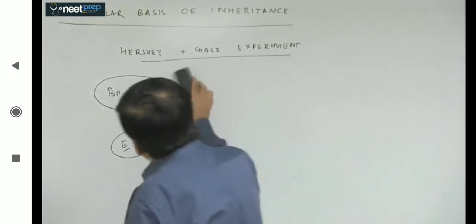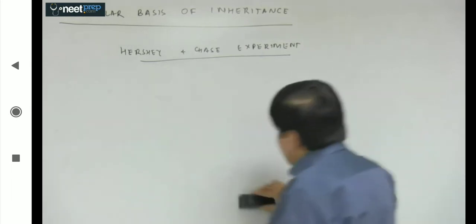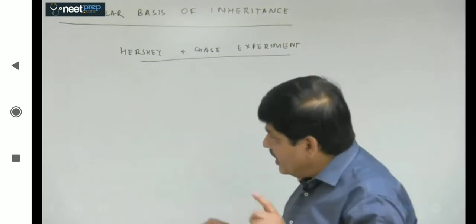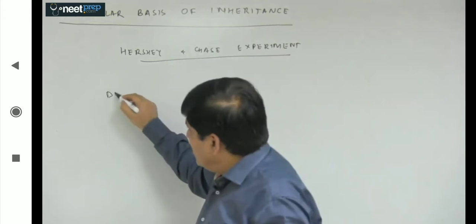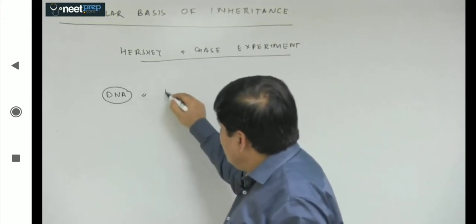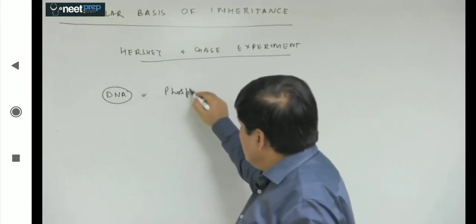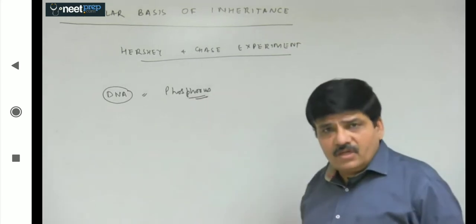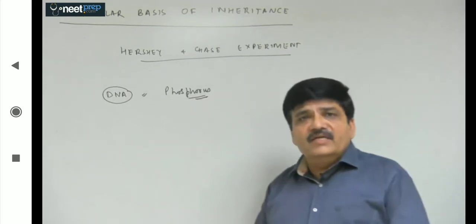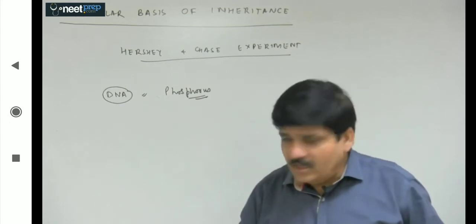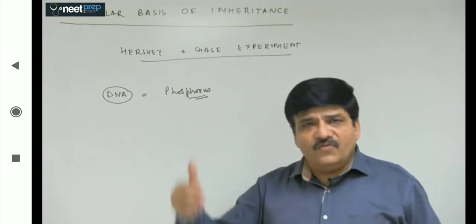Two things were very important in this particular experiment. One, the choice of the material, as I told you. Second, the DNA molecule contains phosphorus within its structure. You know nucleotides are made up of a pentose sugar, a nitrogenous base, and a phosphate group.